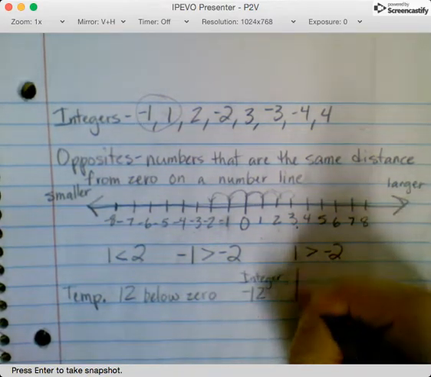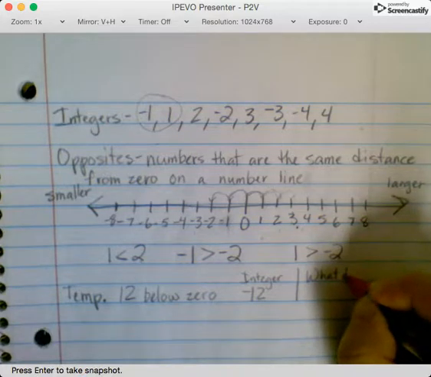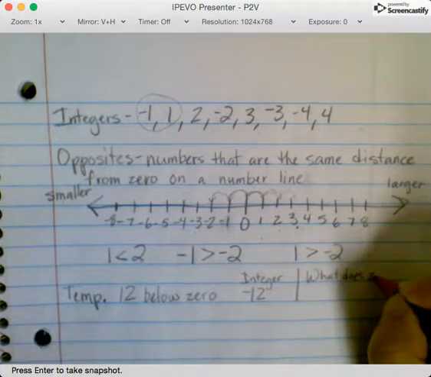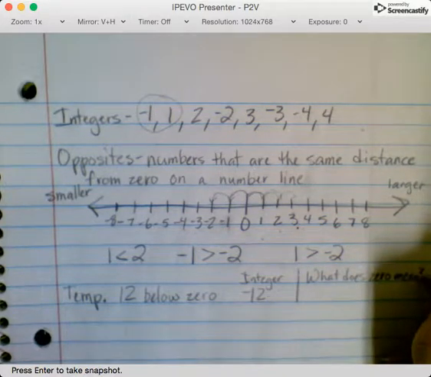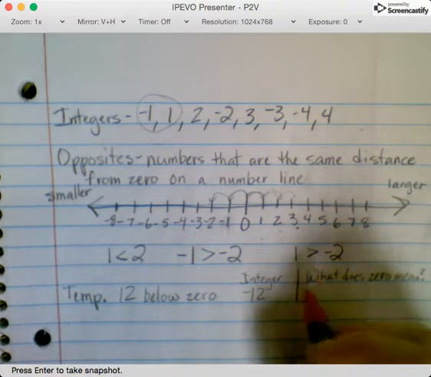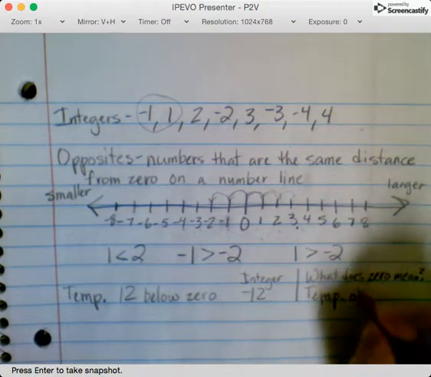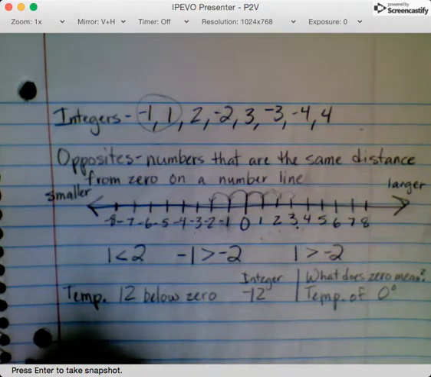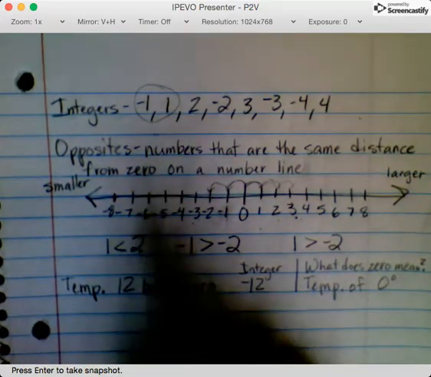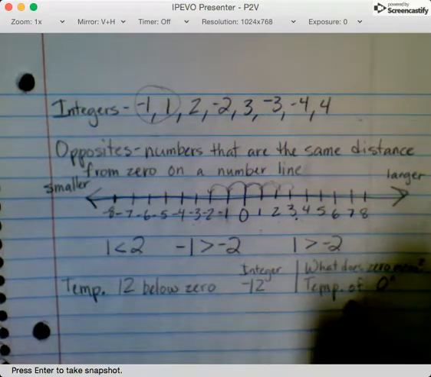And what does 0 mean? So what does 0 mean? 0 means a temperature of 0. Okay, in most cases, 0 will mean no change, but in this case, 0 is actually the temperature of 0.